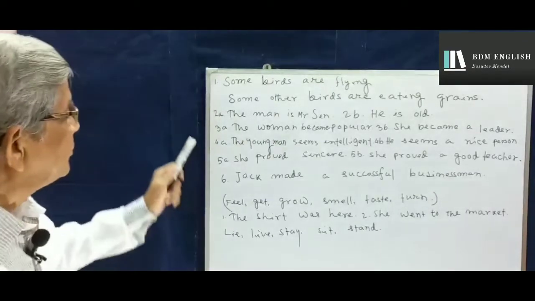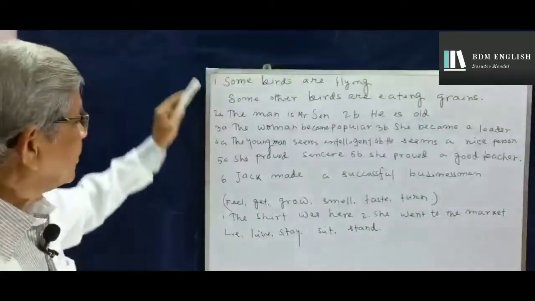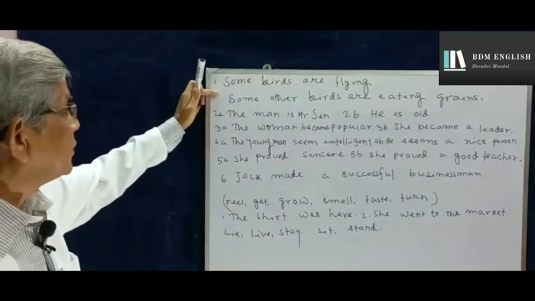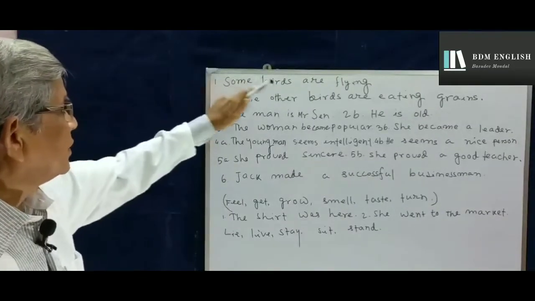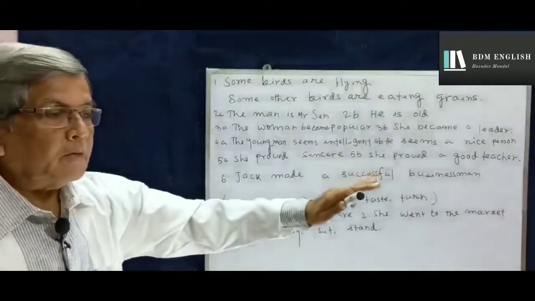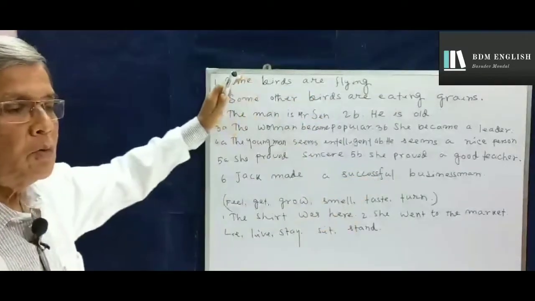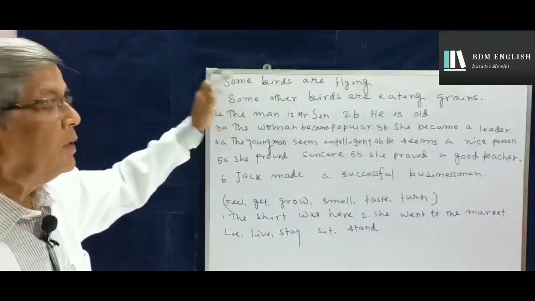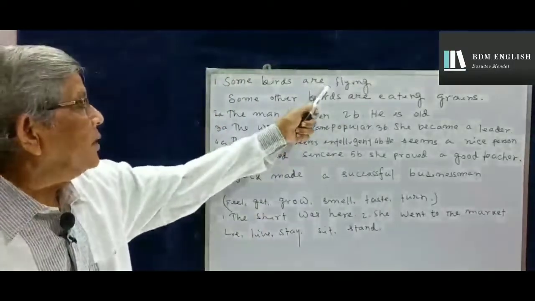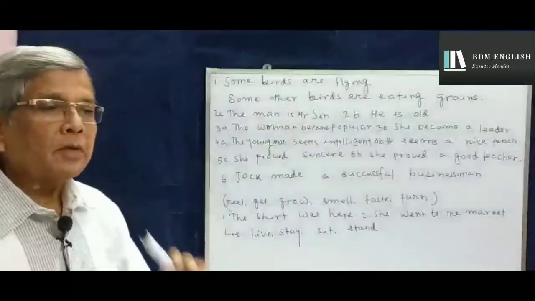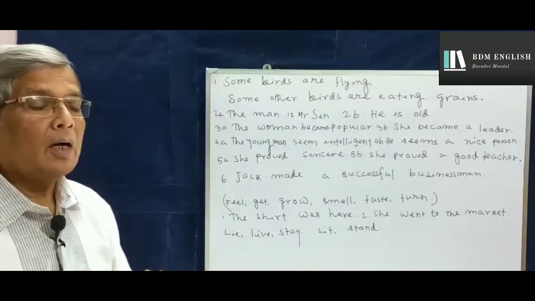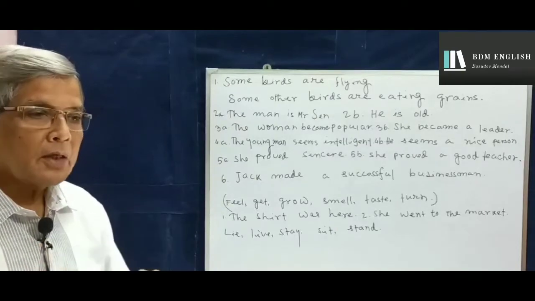So, this is all about the intransitive verbs and their two subdivisions. Some intransitive verbs can complete the predicate without any complement, so they are called intransitive verbs of complete predication. To fly is an intransitive verb of complete predication, and most of the intransitive verbs are verbs of complete predication.